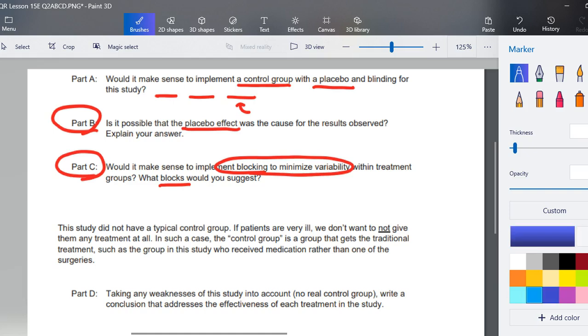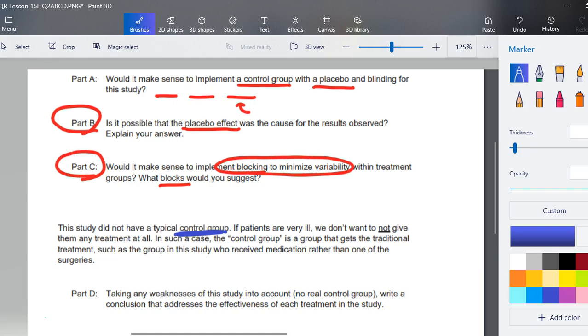Moving on, it says that the study did not have a typical control group. Again, remember, we had 2 surgeries, and to fake a surgery would be pretty much impossible, and then to just cut somebody open and sew them back up doesn't sound very ethical. So if patients are very ill, we do not want to give them any treatment at all.